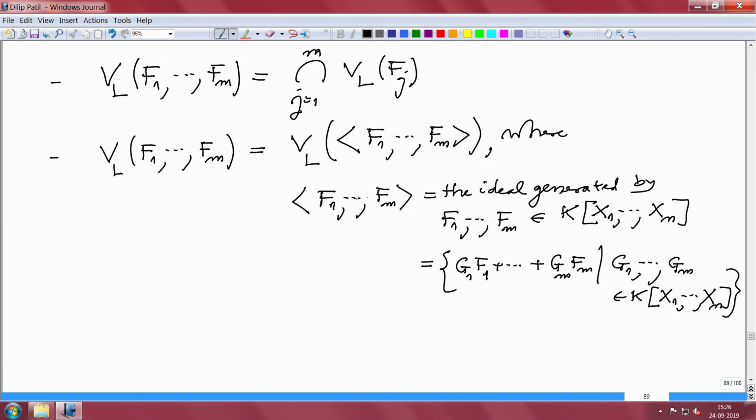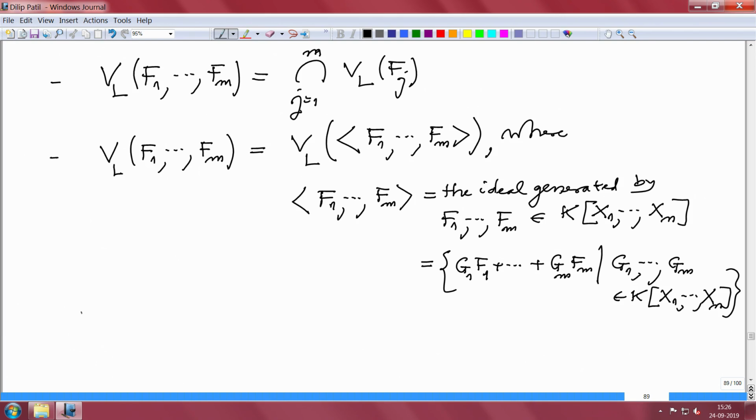So, if the Fi's vanish, this combination vanishes. Conversely, if the combination vanishes, obviously the Fi's are part of it, so vanishing depends only on the ideal. So, we might as well have defined VL of any ideal.